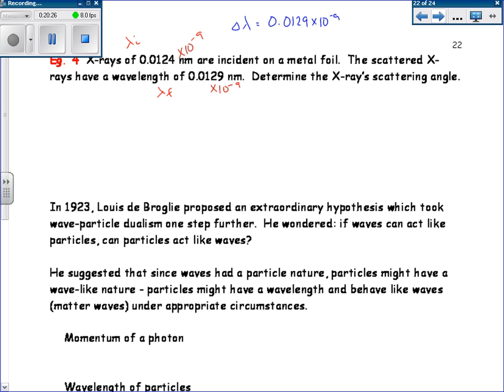So 0.129 times 10 to the negative 9 meters minus 0.124 times 10 to the negative 9 meters. So that should give me, I need to grab my calculator.